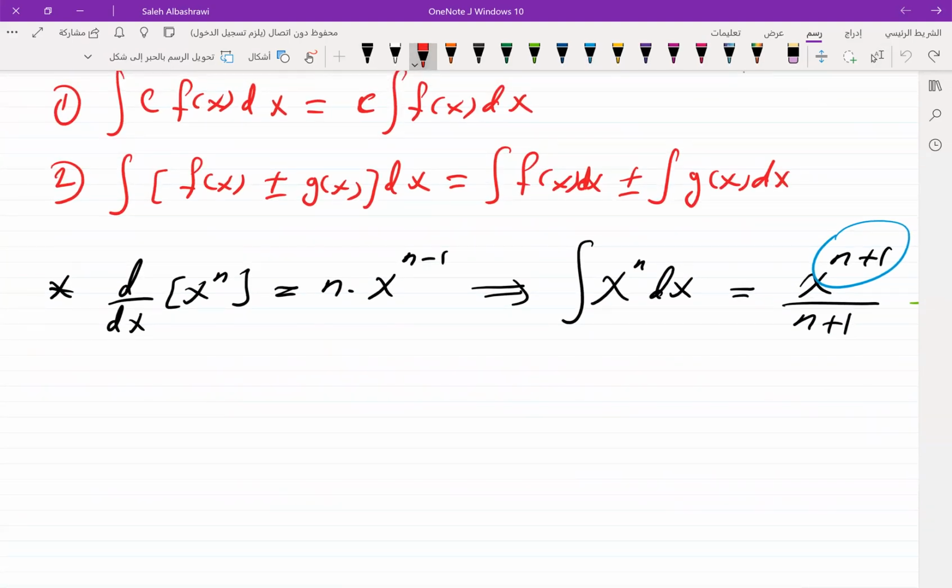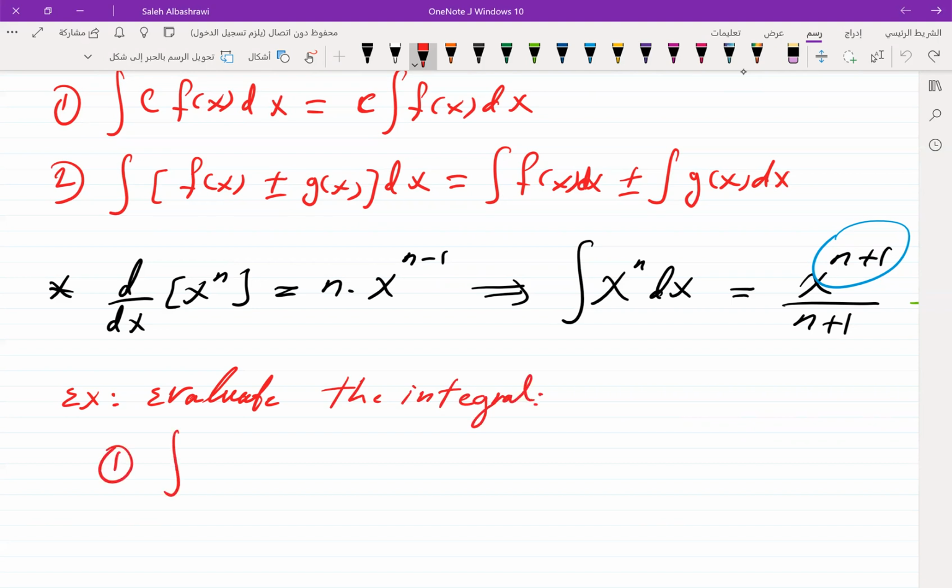Let's take some examples. Evaluate the integrals. Integration of x squared plus 2x minus 1 dx.